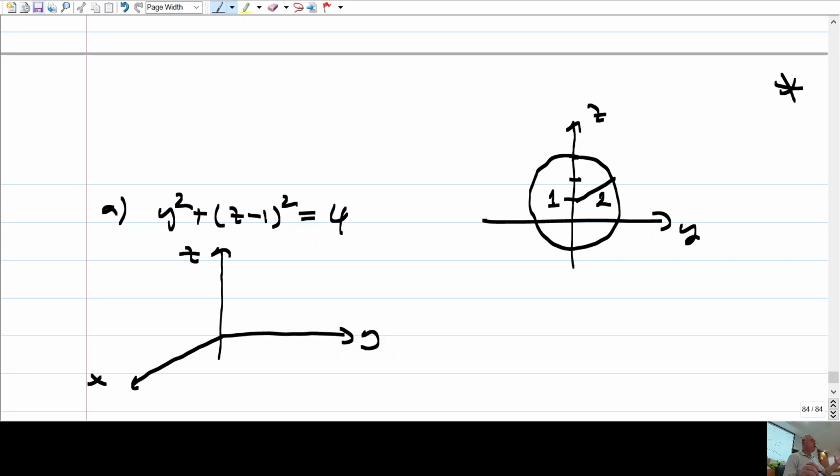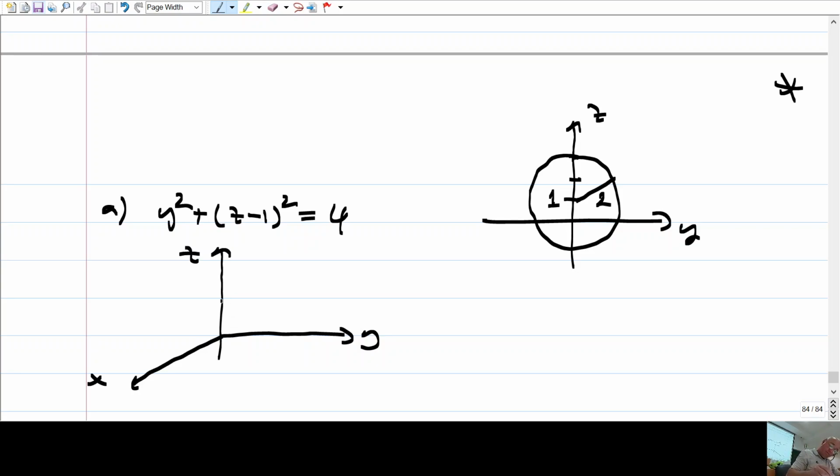It means you just translate this circle along the x-axis. When you translate a circle in the yz plane along the x-axis, you will get a cylinder, right? You have a circle, you just translate it.